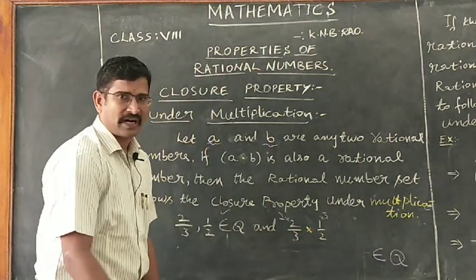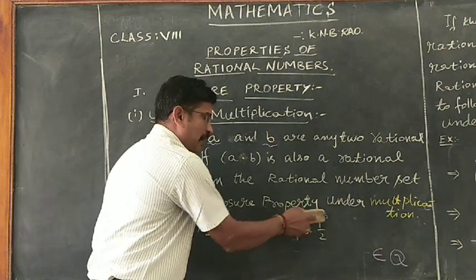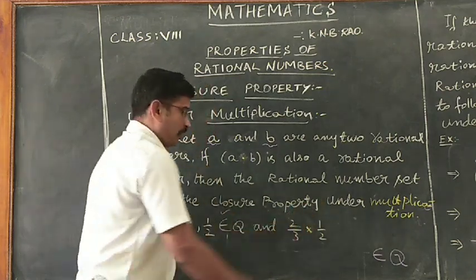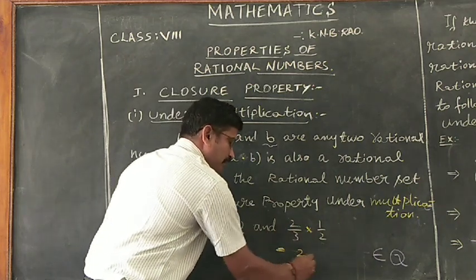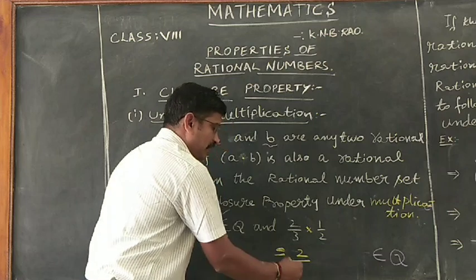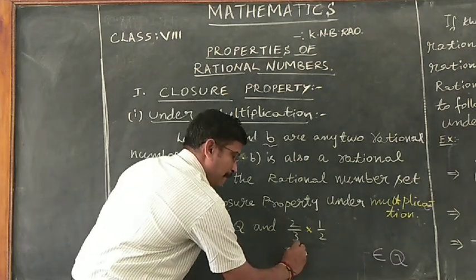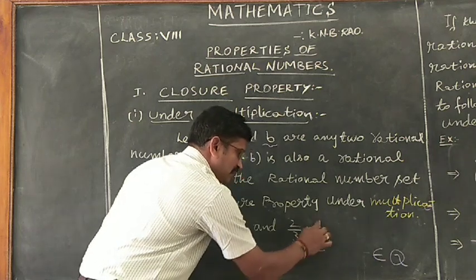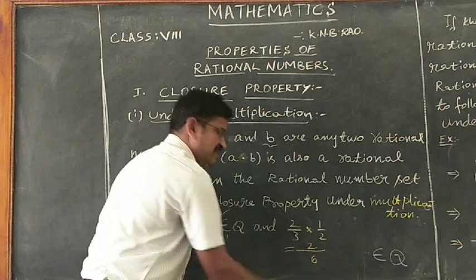You know how to do multiplication for rational numbers: numerator into numerator, 2 ones are 2, upon 3 twos are 6.